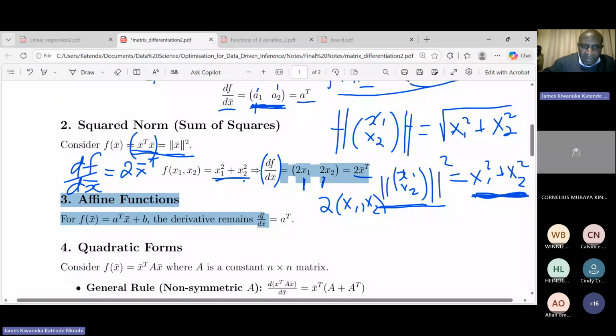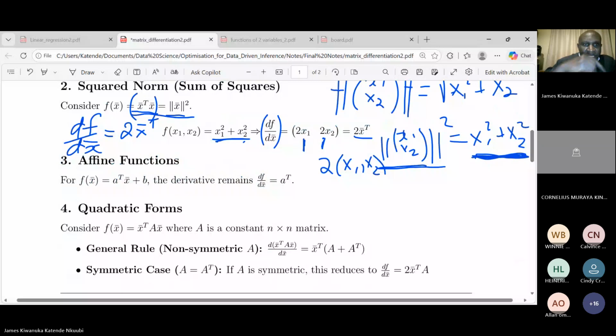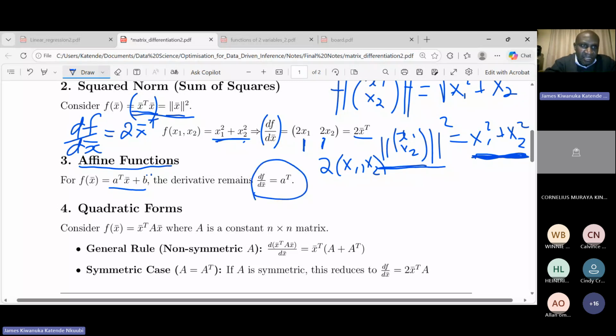If you have an additional constant b added to the linear equation, it becomes an affine function, what we call the affine function. But the constant will just vanish. So the derivative won't be very different from the first case. It will just be A transpose.